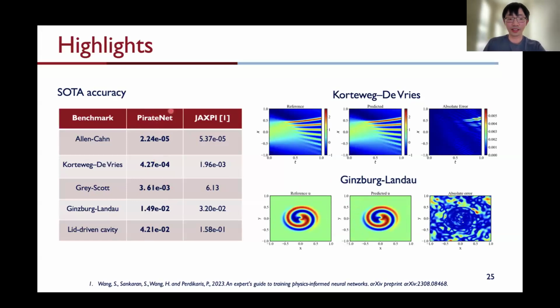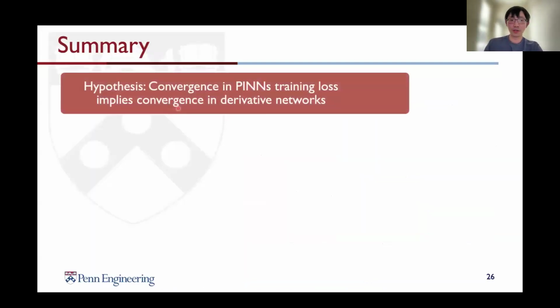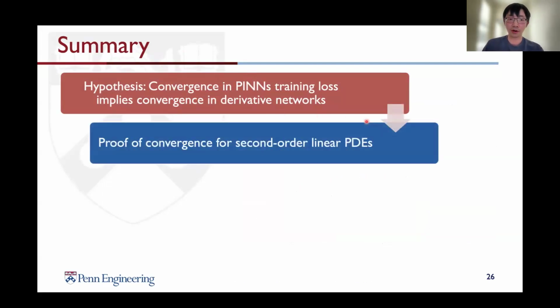So as a summary, we start from the hypothesis that convergence in PINN training loss implies convergence in derivative networks. Then we show some propositions for higher order estimates in the setting of second order linear PDEs.